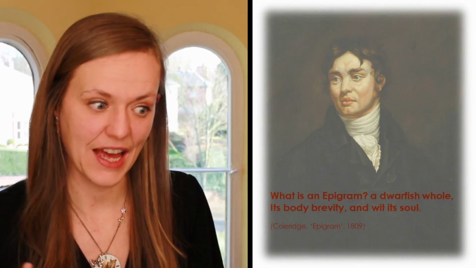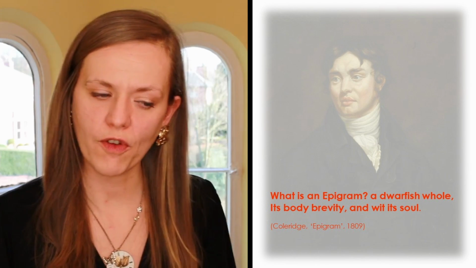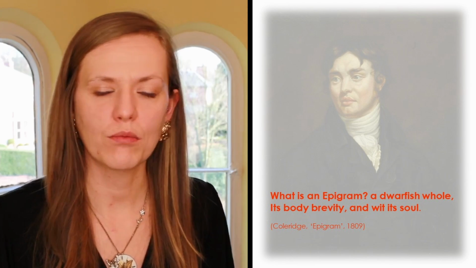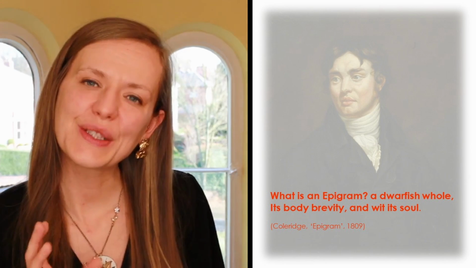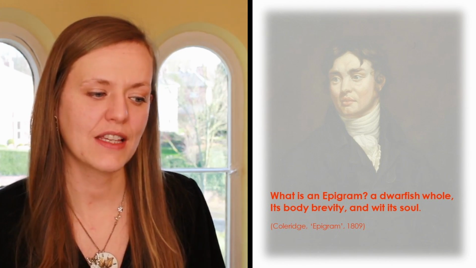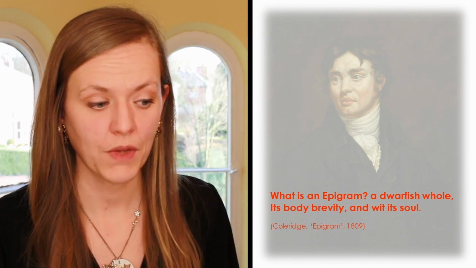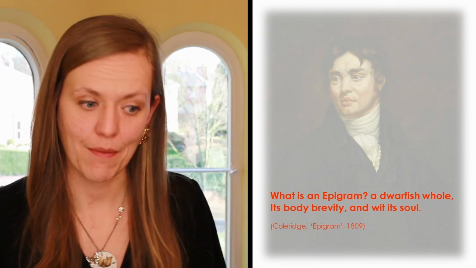In a beautifully turned closed couplet, which is itself, ironically, an epigram, Coleridge defined an epigram like this. What is an epigram? A dwarfish whole, its body brevity, and wit its soul. So Coleridge here neatly articulates the problem that many Romantic period writers had with the form, that only dwarfish wholes can be attempted.